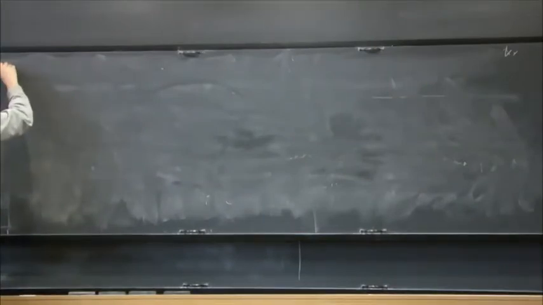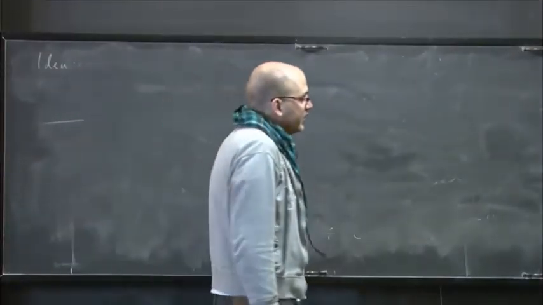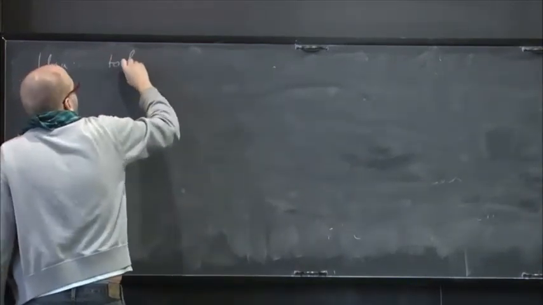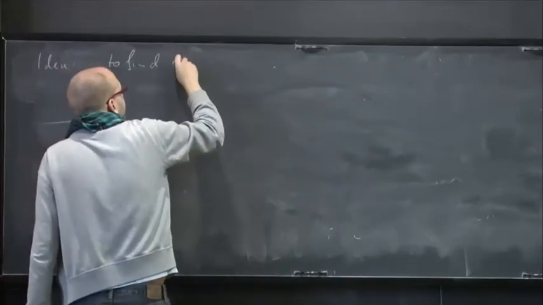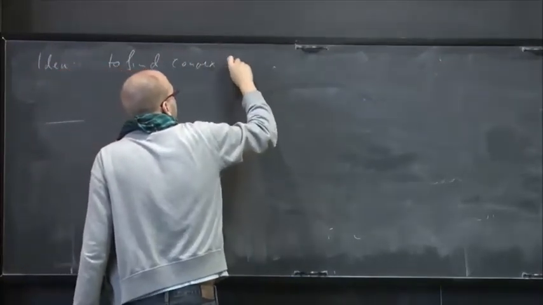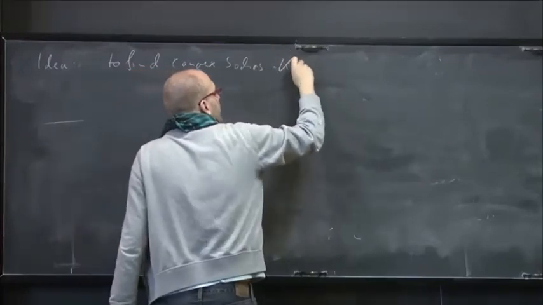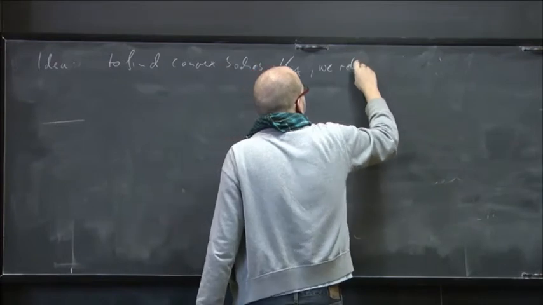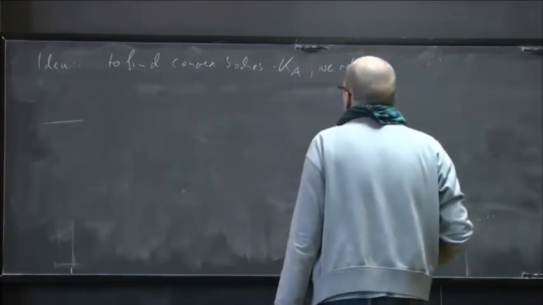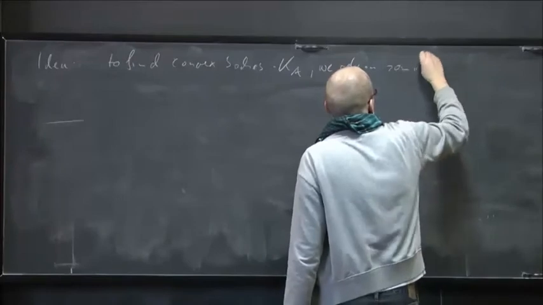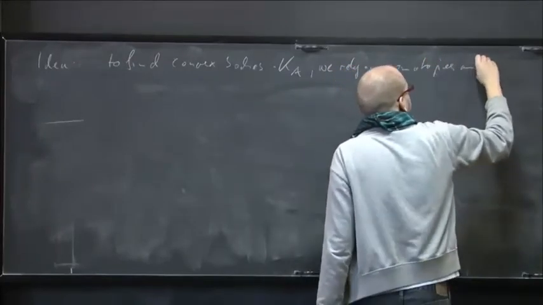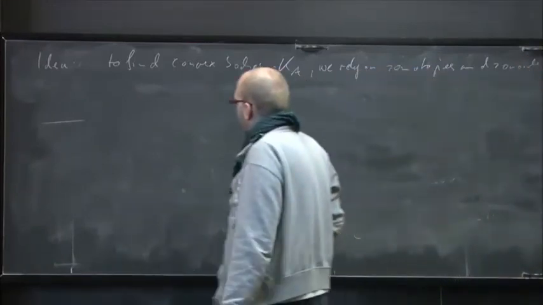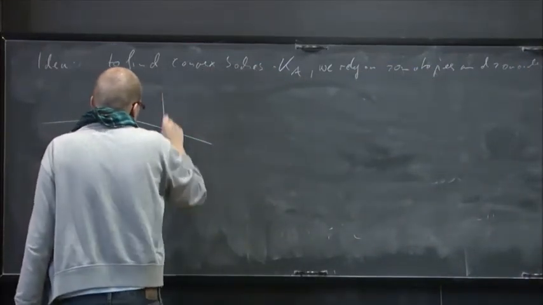So the idea that we want to use is to find the convex bodies K of A, and we rely on zonotopes and zonoids. Okay, so what is the simplest way to do it?